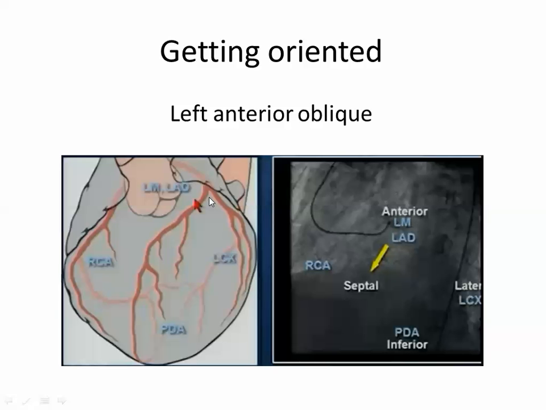This is the LCX, giving OM, and then going to the back in the atrioventricular sulcus, and anastomosing with the PL, posterolateral branch, which is the continuation of the RCA. Clear or not, Dr. Marwan? Okay.